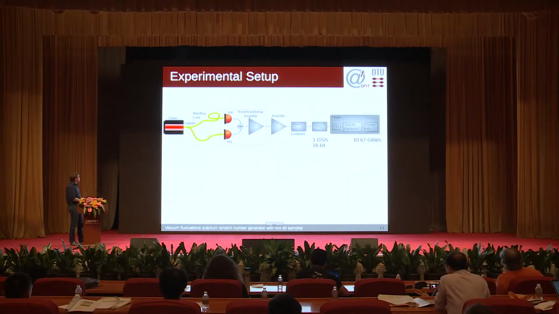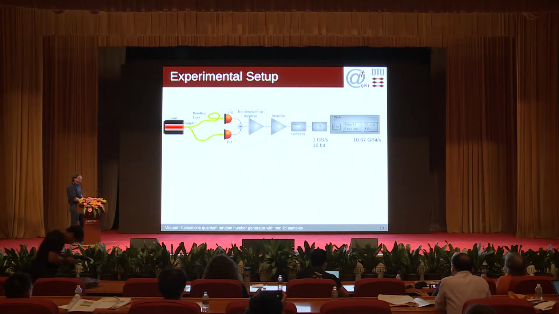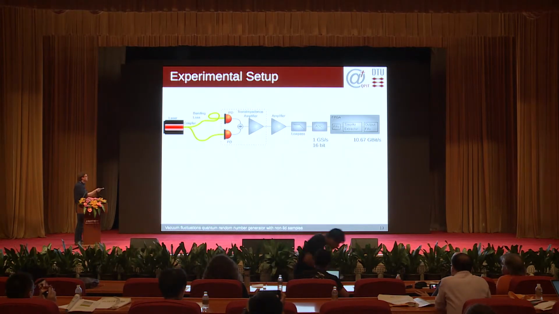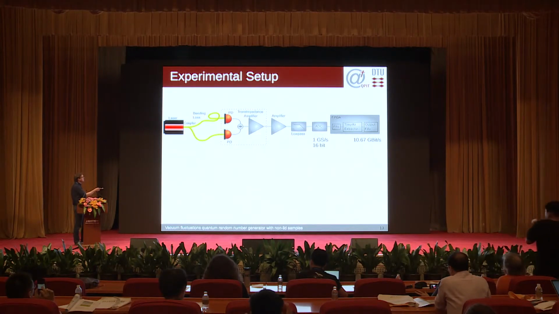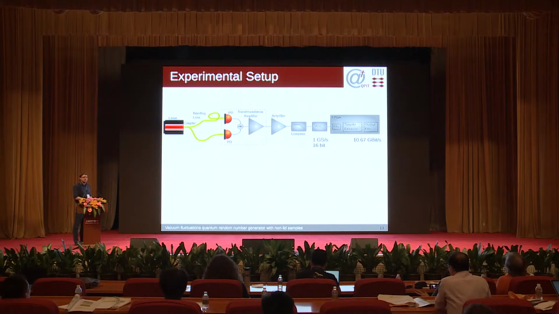Our system is basically a homodyne detector using a laser as a reference, split at a 50-50 beam splitter, detected by 2 PIN photodiodes, subtracted, and amplified with a transimpedance amplifier. Then we need to sample those, maybe with some conditioning, and then an analog to digital converter, which in our case has 1 gigasamples per second with a resolution of 16-bit.